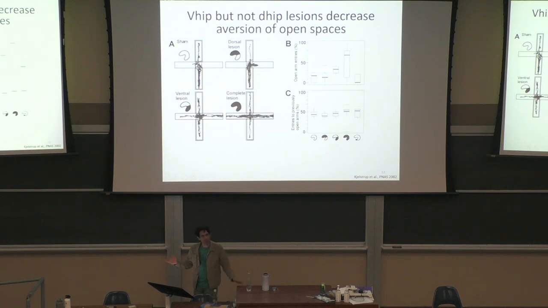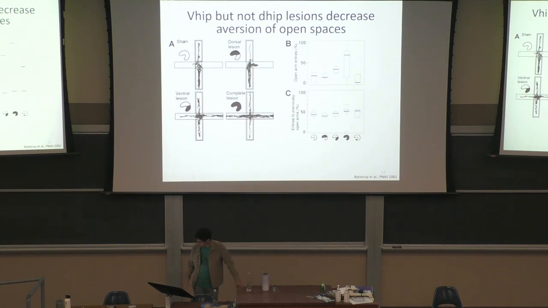This is a plausible interpretation. But there are many other reasons why the mouse could go more into the open arms that have nothing to do with anxiety. So it could be maybe lesioning the ventral hippocampus makes the mouse confused, so it doesn't understand this is the open arms. Or maybe it's blind, so it can't see which arm is which. Or maybe it's very hungry, so it will go more into the dangerous locations.